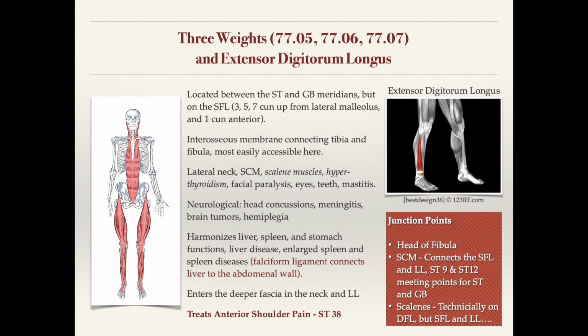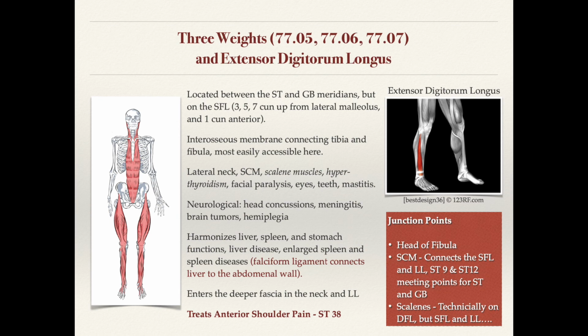And we might ask, well, why could these points treat liver disease? Well, the liver does have a connection to the abdominal wall through the falciform ligament. And so there are these connective tissue associations that help hold the liver in place and connect it to the abdominal wall.